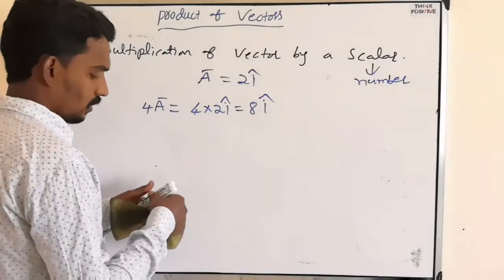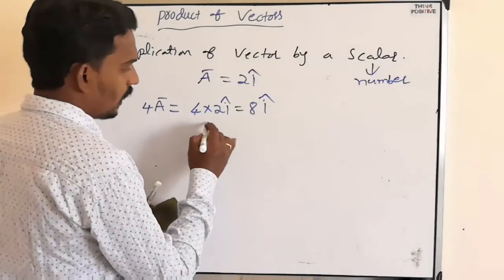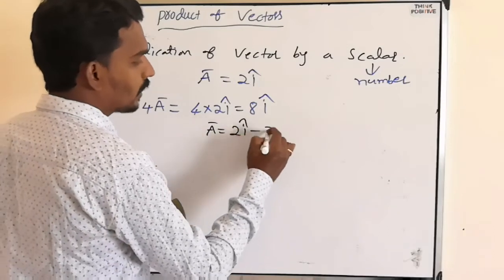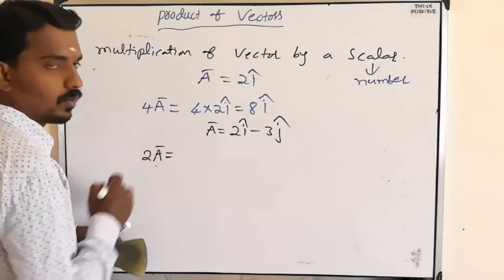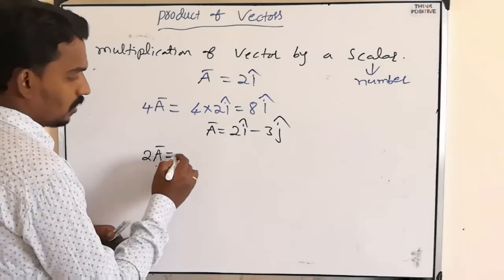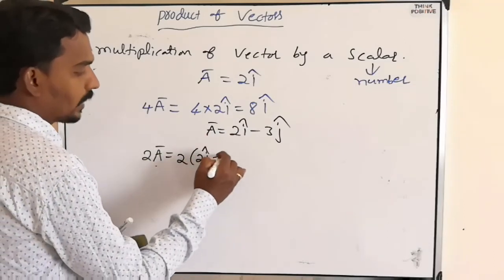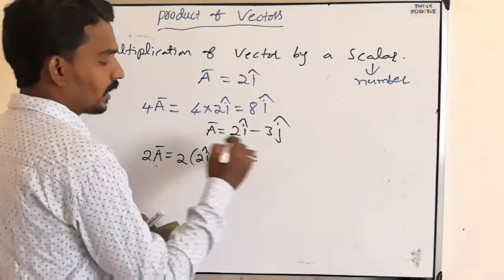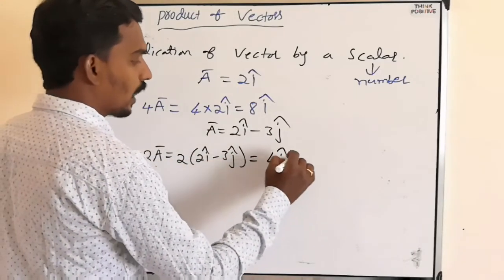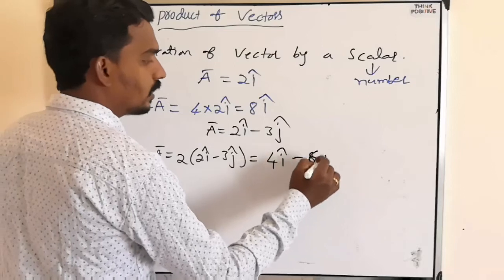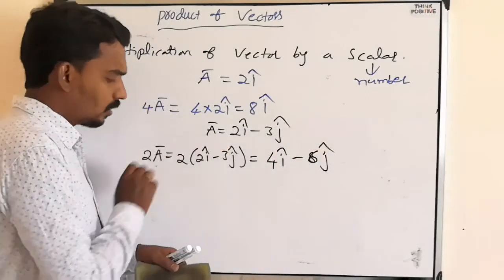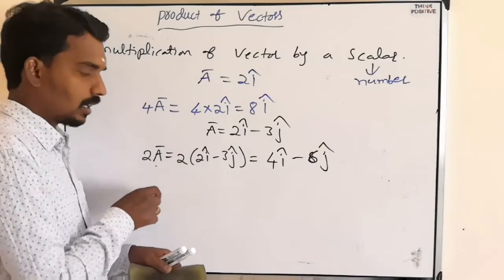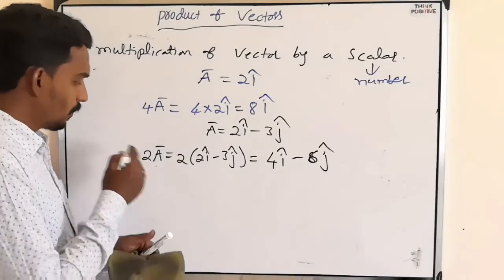Not only this one, take another: A bar is 2i cap minus 3j cap. Then 2 A bar equals 2 into (2i cap minus 3j cap), which is 4i cap minus 6j cap. So now this is another vector. Let's say this is B bar.